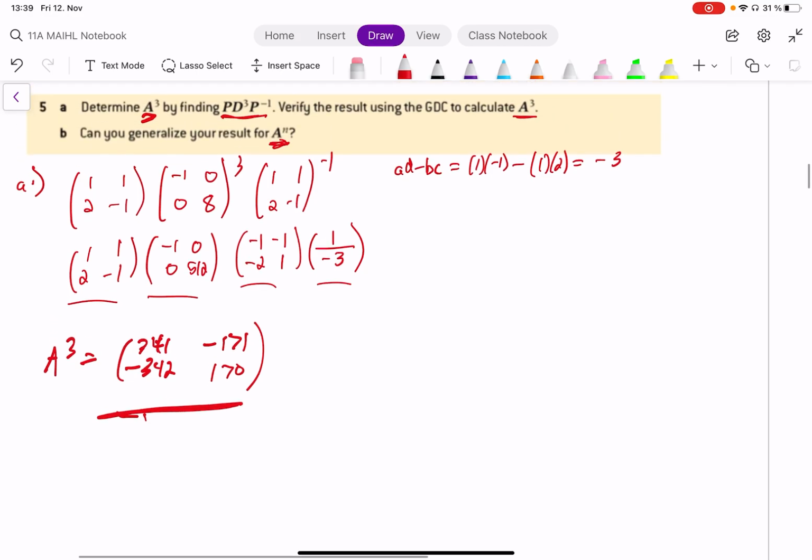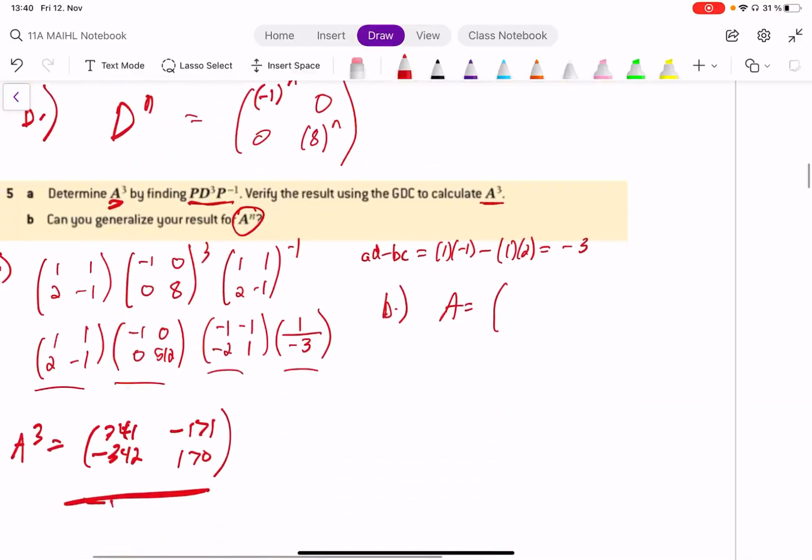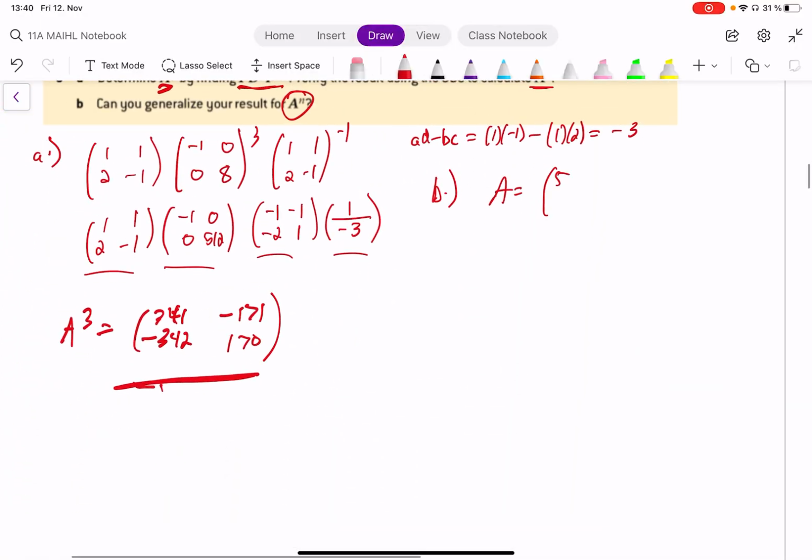What we want to do now is find a general rule or a general idea for what is A to the n. Our A matrix was 5, negative 3, negative 6, 2. We want to find a general rule for what A to the n would look like. And so we need a couple things for that.